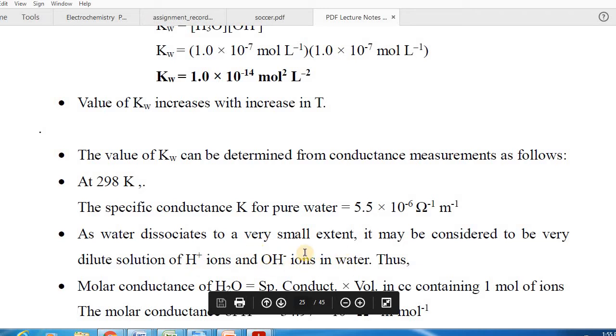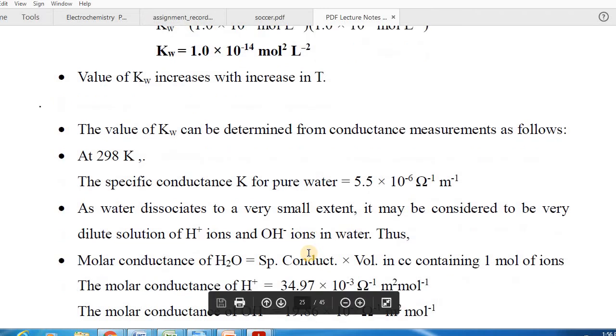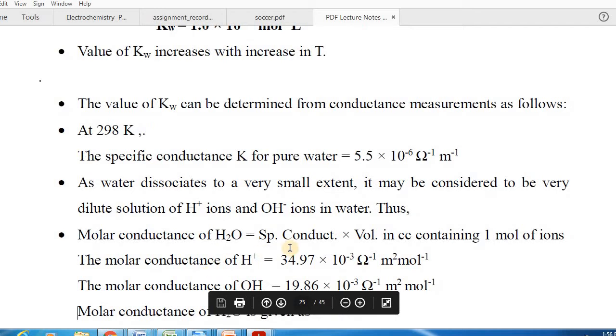Means equivalent conductance can be taken as equivalent conductance at infinite dilution. Now we have to determine the concentration in terms of mole per liter. So we will consider the molar conductance of water here. Molar conductance of water can be given by the product of specific conductance into volume in centimeter cube containing 1 mole of ions.